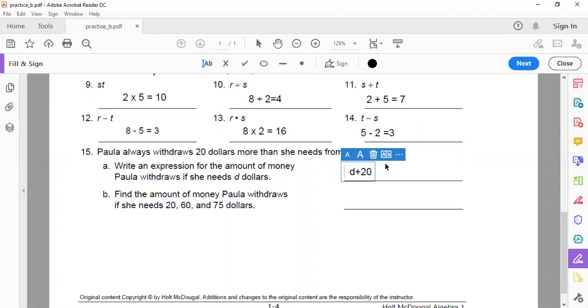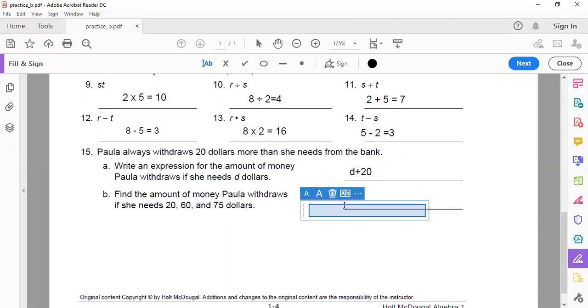You have to be very careful when you're reading the expressions. 20 more than indicates plus. So D plus 20. Find the amount of money Paula withdraws if she needs $20, $60, and $75. So this is our expression. Keeping this expression, let's see how much money Paula is withdrawing when she needs $20.